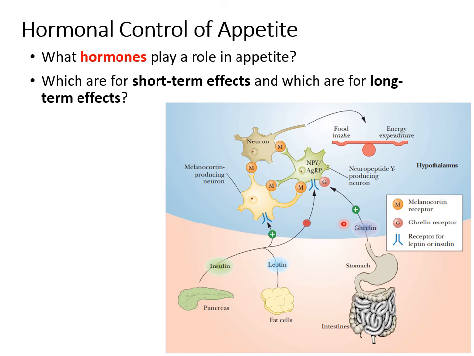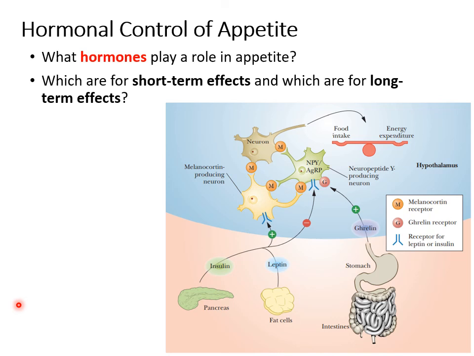And the reason why I do this in pairs is that they have opposing functions, kind of like you'll see in a minute with the other pair that we'll talk about. So when I say opposing functions, it's because ghrelin is going to be produced by your stomach when your stomach is empty. And if your stomach is empty, then the ghrelin is going to say, hey, I need to signal that we're hungry, so you need to eat something.